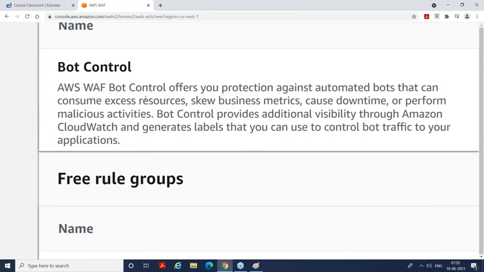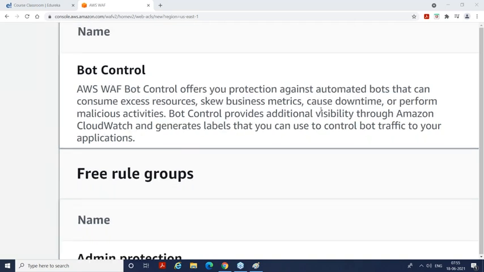Now what this bot control rule will do, it offers you protection against automated bots that can consume excess resources, skew your business metrics, cause downtime, or perform malicious activity. So if this rule is enabled, it will look into the pattern of the traffic, and it will understand, okay, this is a known pattern, it is some bot related pattern, and it will immediately block that kind of traffic.